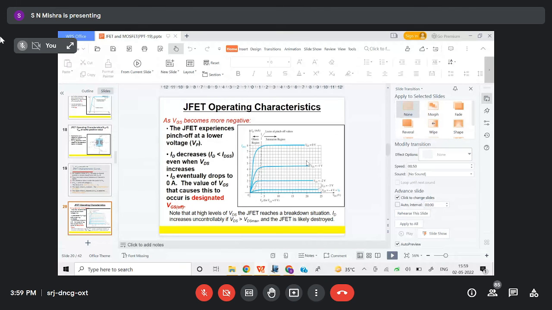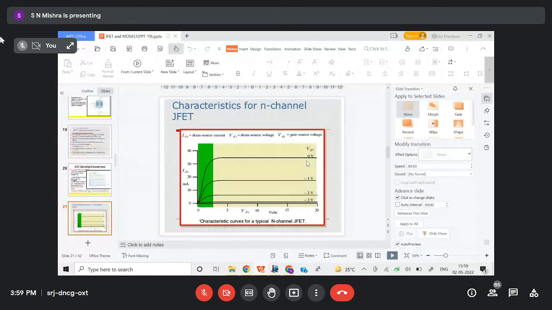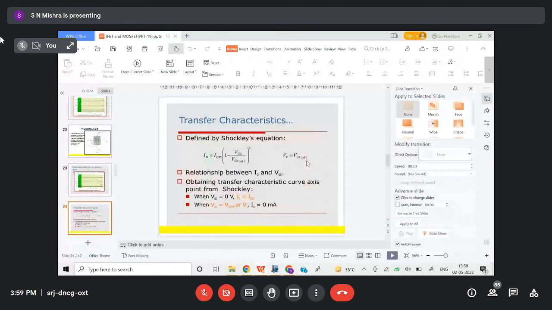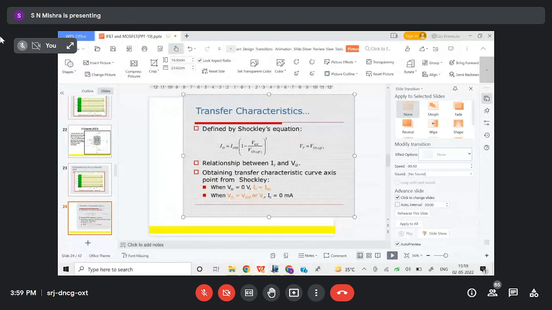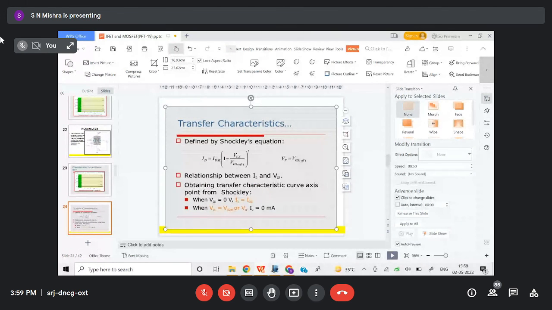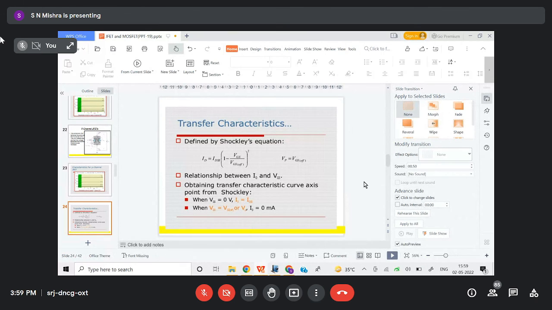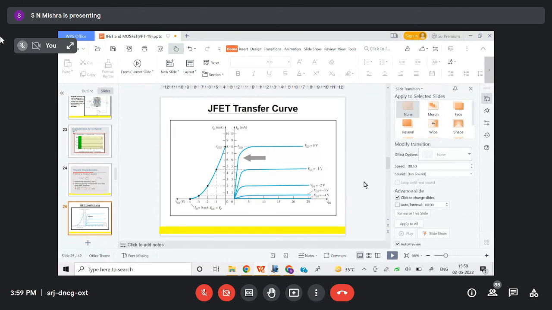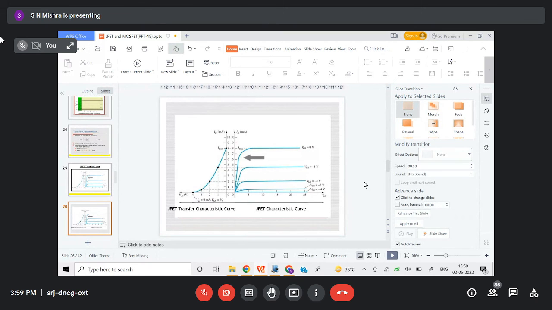You may also get draw the structure of JFET as well as the output and transfer characteristics. Then you may get a question related to this equation: what is Shockley's equation, explain each parameter, and find one of the parameters from it. For P channel it will be the same.